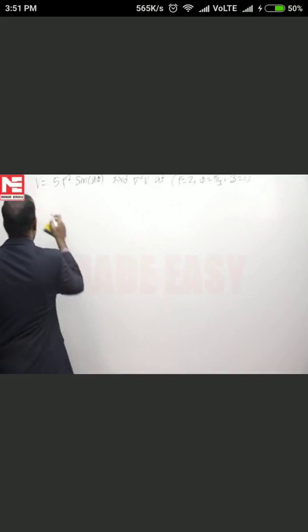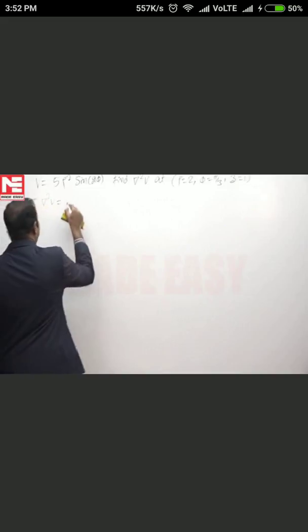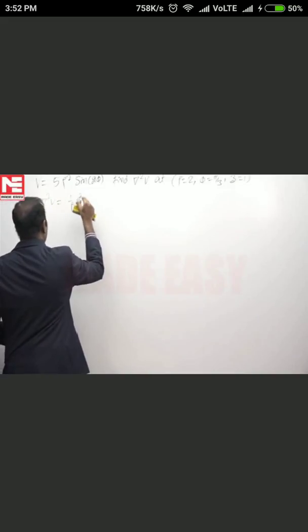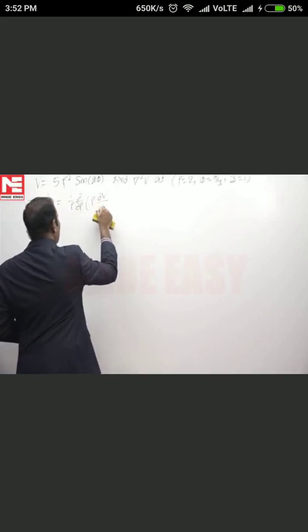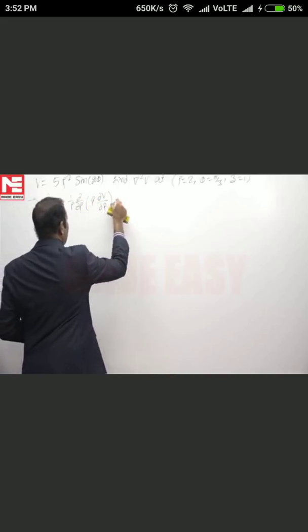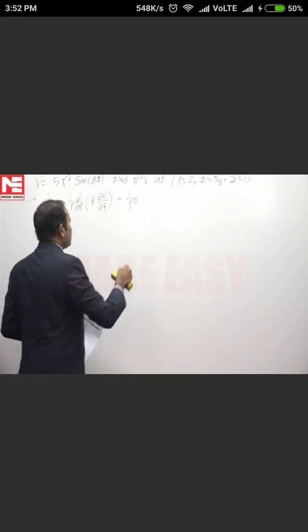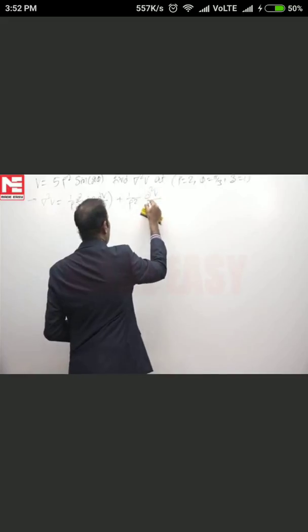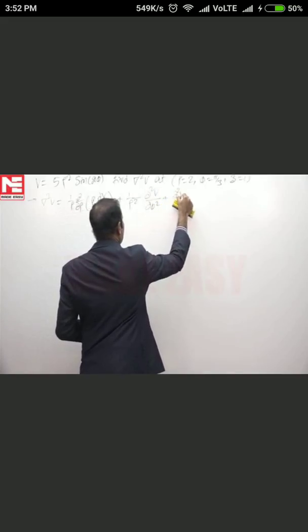Now given coordinate system is cylindrical system. In cylindrical system, del square V Laplacian formula is 1 by rho, dou by dou rho, rho into dou V by dou rho, plus 1 by rho square dou square V by dou pi square, plus dou square V by dou Z square.